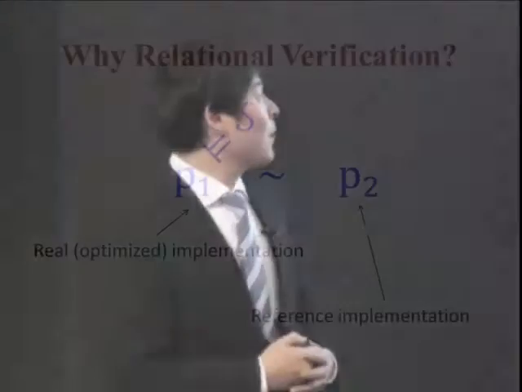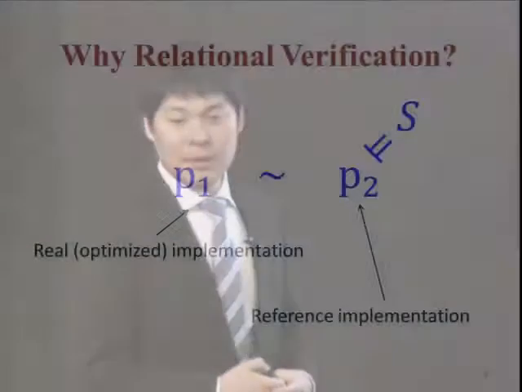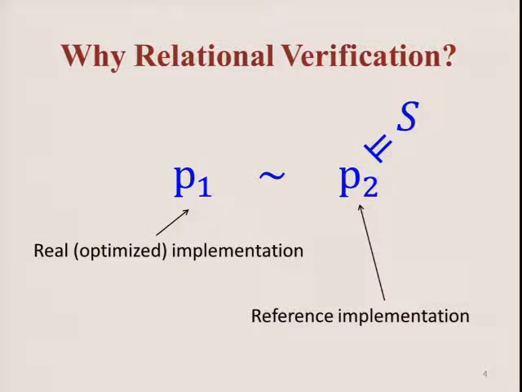But relational verification is also useful when you want to show that P1 satisfies some specification S. This might be very difficult to show directly because P1 is very complicated, or is written in a low-level language like assembly. In this case, all you need to do is show that P2 satisfies S, and that, composed with the fact that P1 is equivalent to P2, implies that P1 satisfies S. So this also modularizes your verification effort.